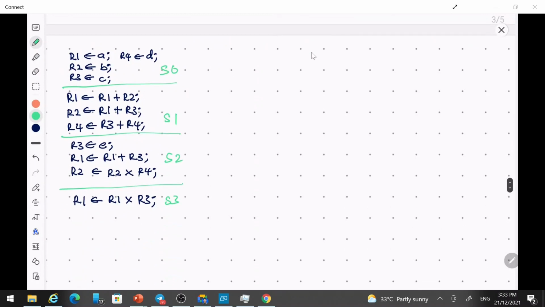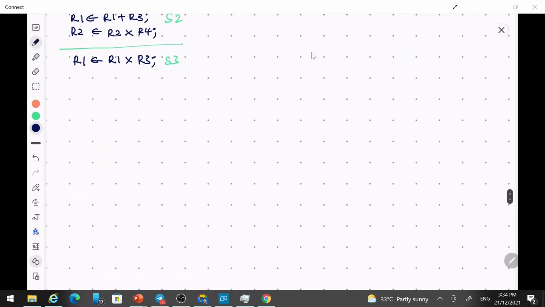So here we need to look at the hardware resources that we need to have. First thing first is how many registers we have in our RTL code. We have R1, R2, R3, R4. So we have 4 registers, and we can draw those 4 registers like this.